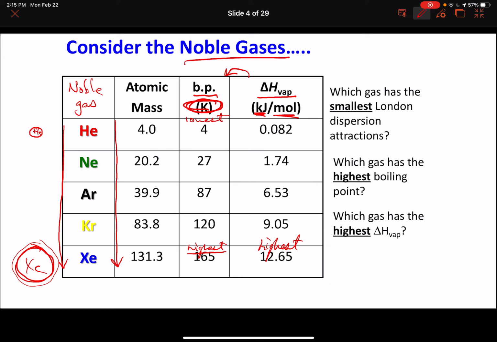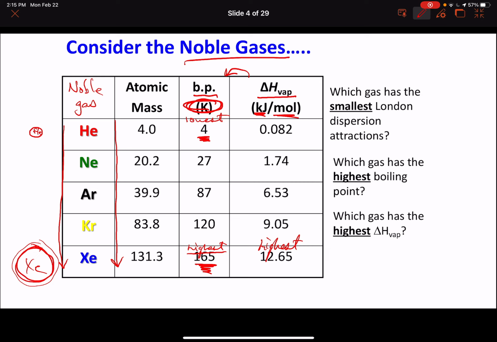So we have in degree K, 4 degrees Kelvin to boil helium, and all the way up here at 165 degrees K to boil xenon. And in terms of the energy required to vaporize a mole of those materials, here we're dealing with very small values compared to the previous numbers, okay?